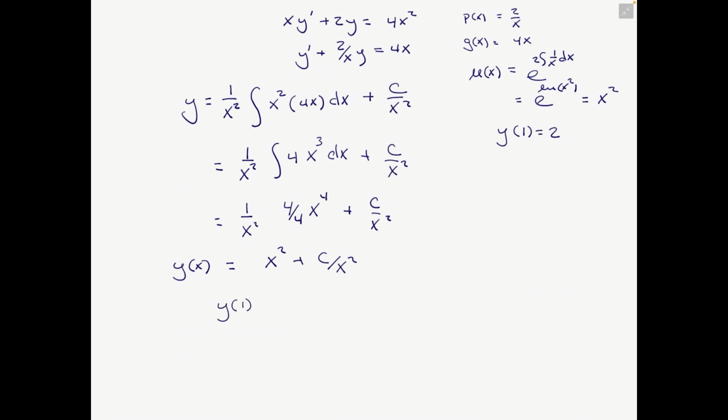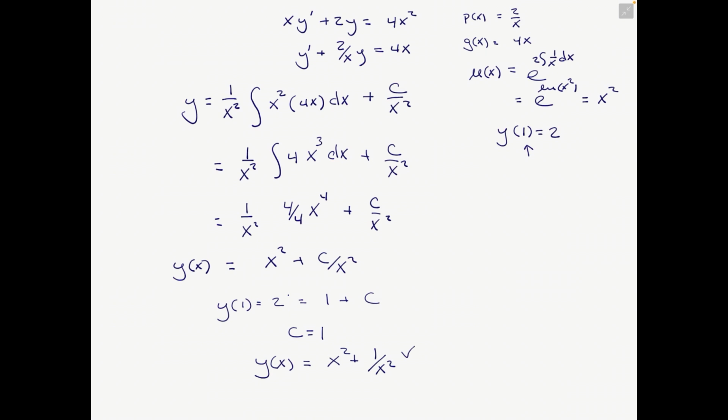So we have y(1) = 2 equals 1 plus c. So c equals 1. And then we have y(x) equals x^2 plus 1/x^2. And that's our solution for this initial condition.